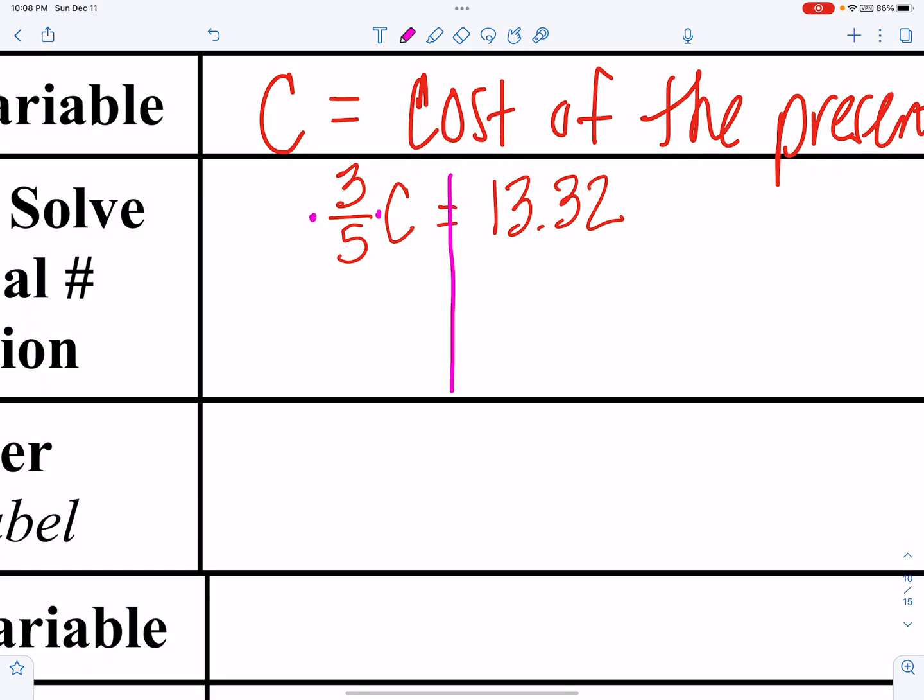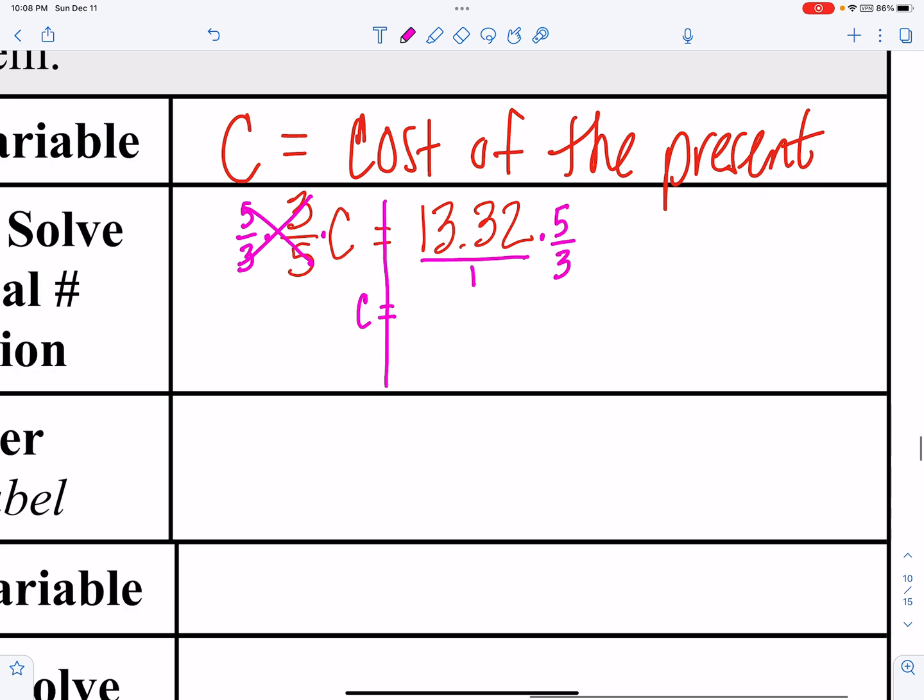Instead, we multiply by the reciprocal. So I'm going to do that to both sides. And this will cancel out, and I'm left with C equals $13.32 times 5/3, which we know would look like that.